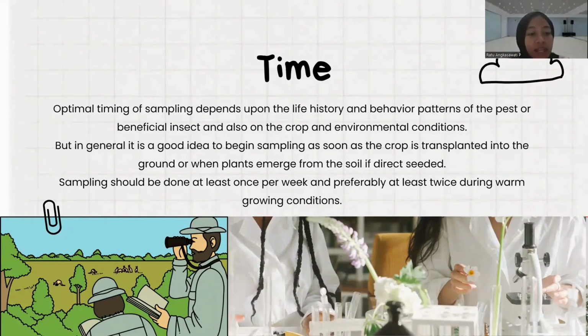Sampling should be done at least once per week and preferably at least twice during warm growing conditions. More frequent sampling is usually needed if insect pest numbers are in the low to moderate range and on the increase. It is truly amazing how quickly insect pest populations can develop, and once-a-week sampling may not detect a surge in insect numbers until it is too late.